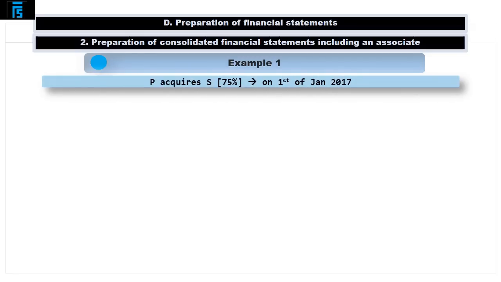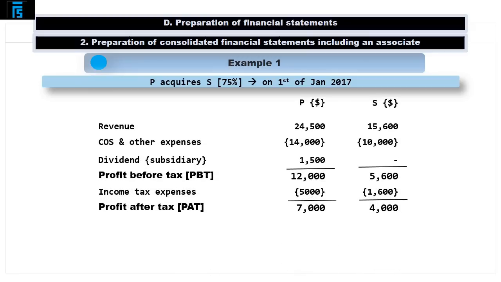Assume that P acquired 75% of the share capital of S on the 1st of January 2017. The income statements of the two entities for the year ended 31st of December 2017 are as follows.